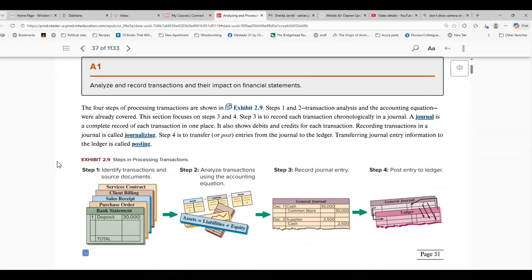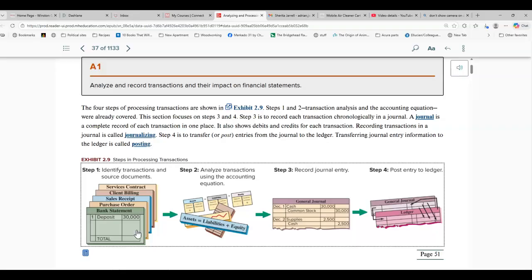As I said before, when we record a transaction, we enter it in a journal. So here we have the source documents. We analyze each transaction based on the accounting equation, and then we record it in a journal. We use the general journal here, but there are also some special journals, and I'll talk about those sometime later. But the general journal is where we record things.